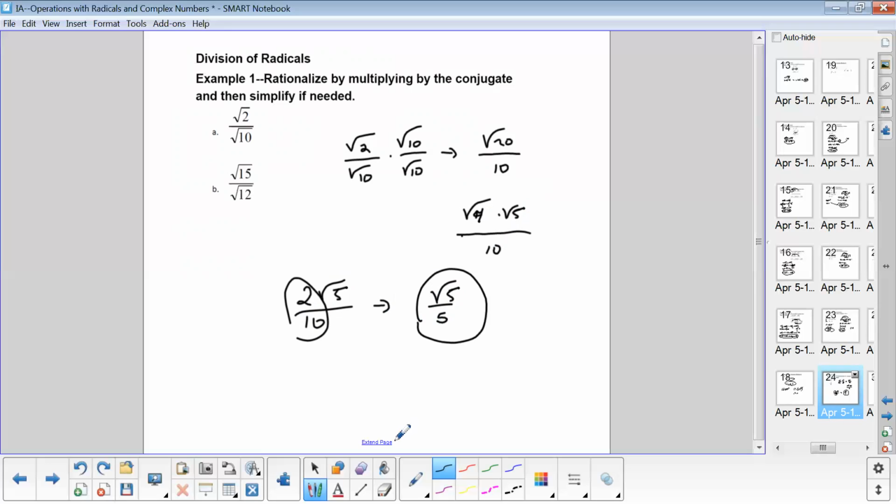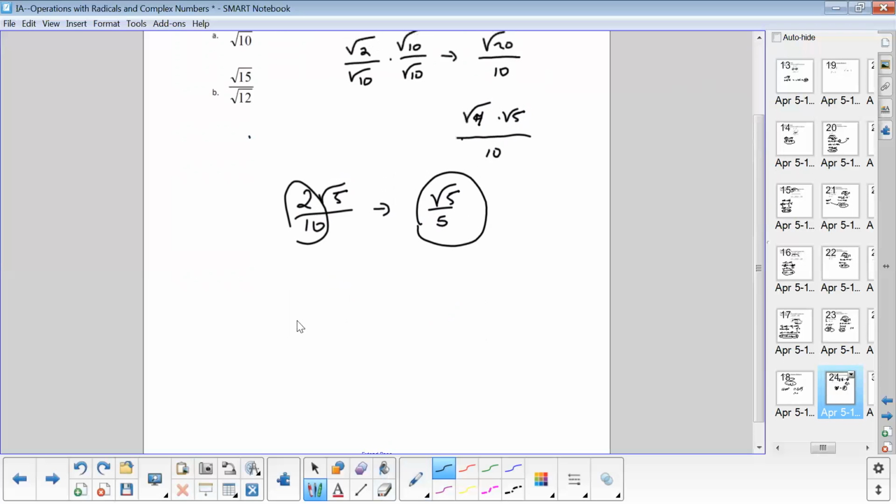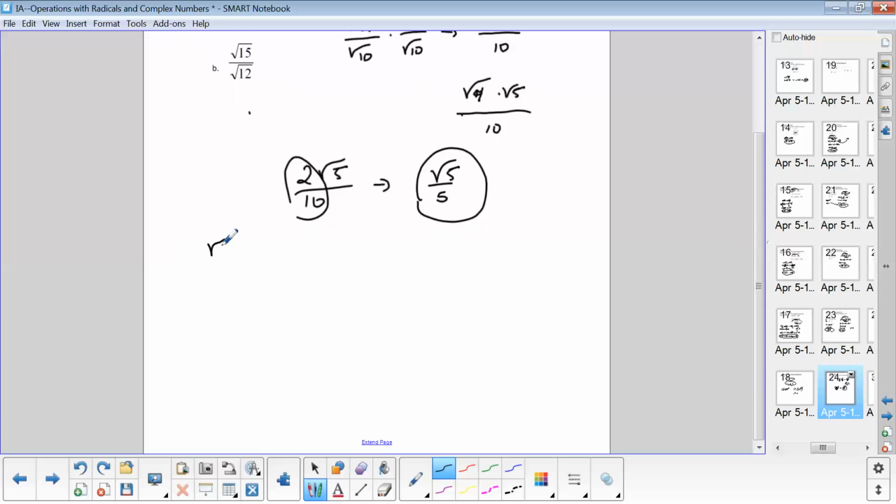Now that's one way to simplify that. Another way is to take the square root of 2 divided by the square root of 10 and factor them, and then these two would divide out. So that would leave you with 1 divided by the square root of 10, which I still need to rationalize. So this would be the square root of 10 divided by 10. And I'm sorry, that should be 5.